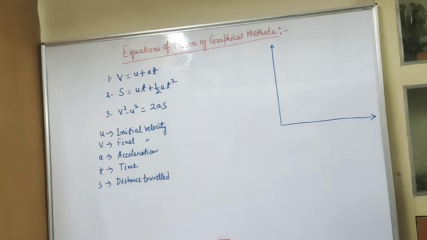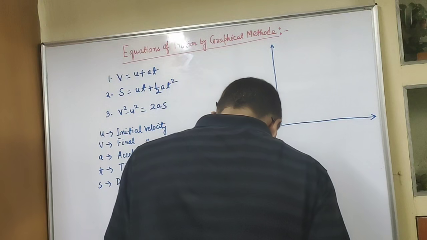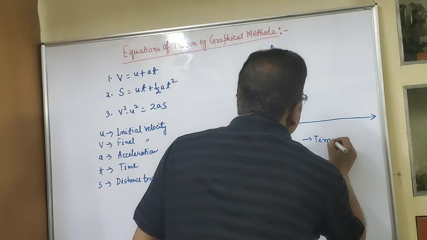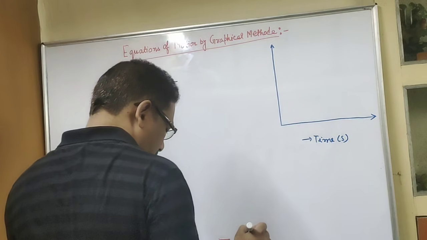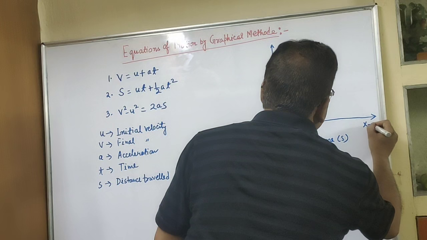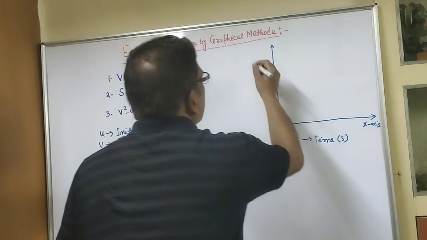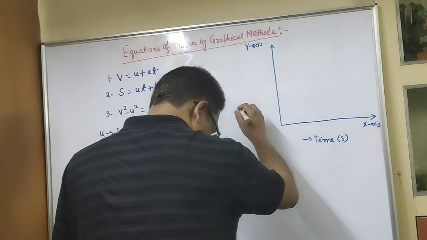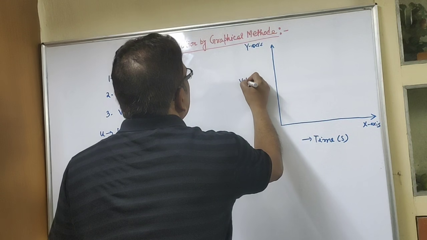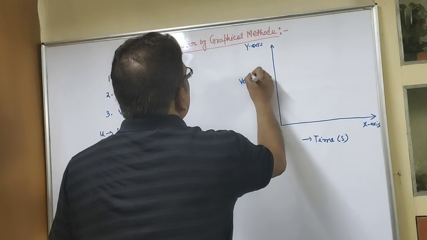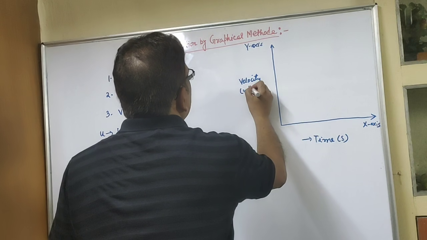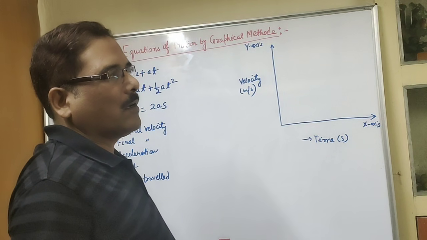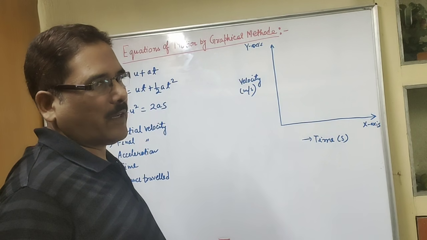So always we take time on x-axis. So we have taken time on x-axis. On y-axis we have taken velocity. And we assume that the object is moving with some initial velocity.